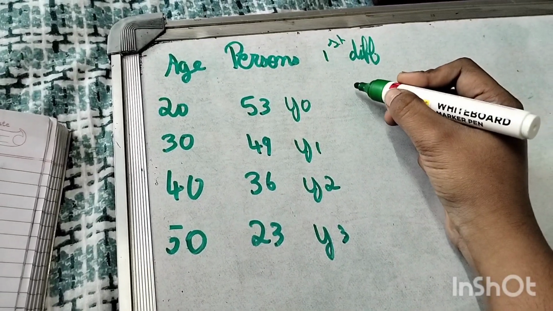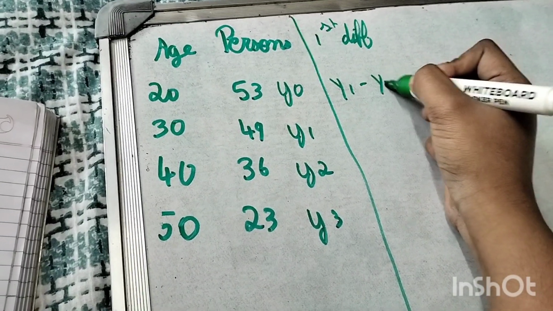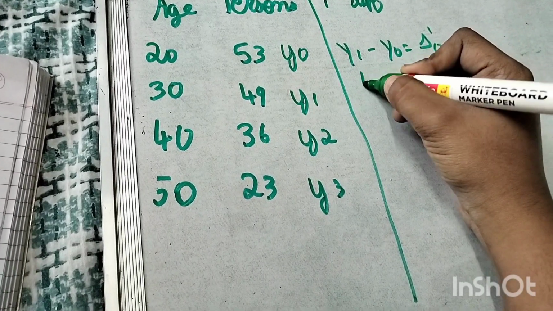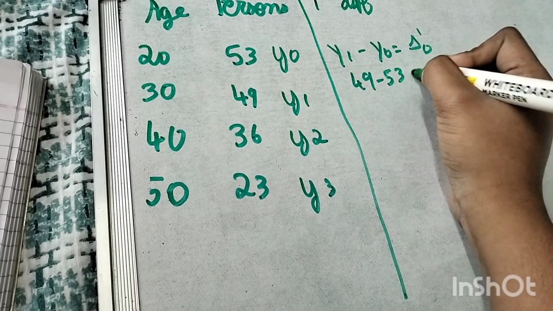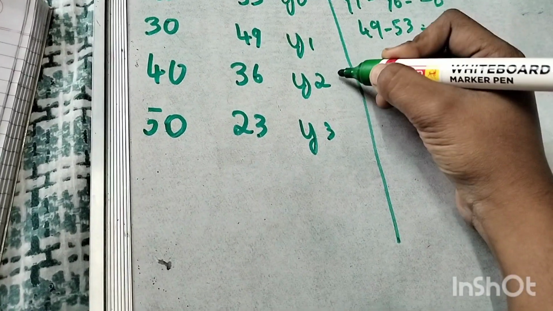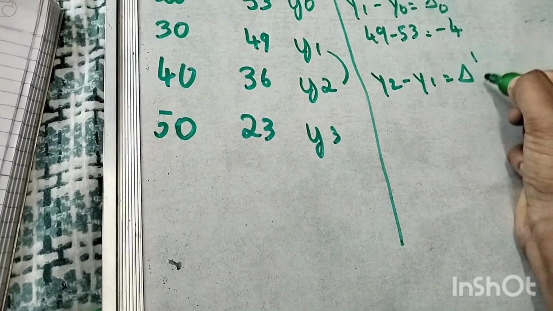Okay, then first difference, y1 minus y0 is equal to delta 1 naught, so that is going to be 49 minus 53, that is minus 4. Next is these two. So y2 minus y1 is equal to delta 1 1.